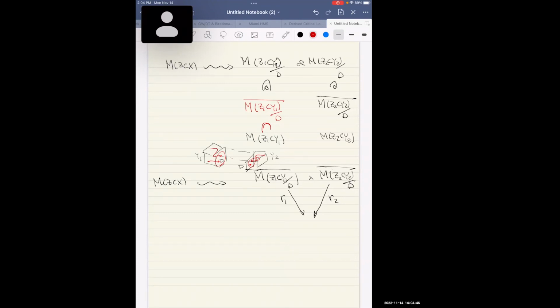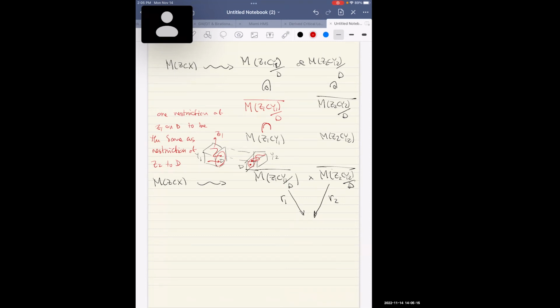So all I want to say is that I want the restriction of Z1 on D to be the same as the restriction of Z2 to D. Yes, the restriction of them is these points, right?